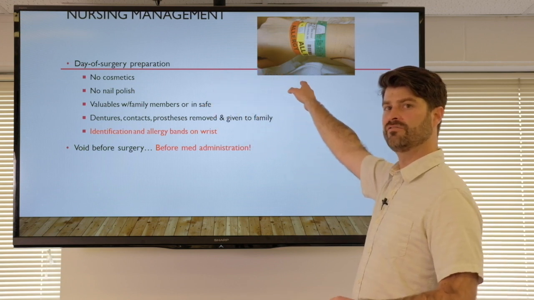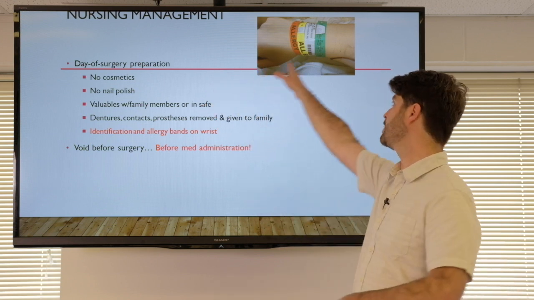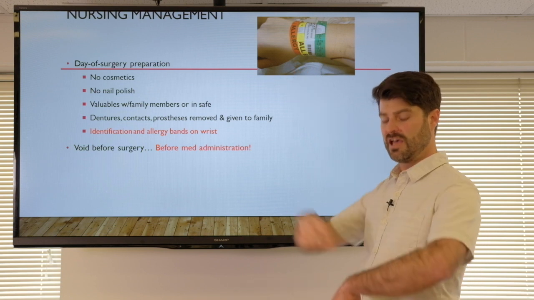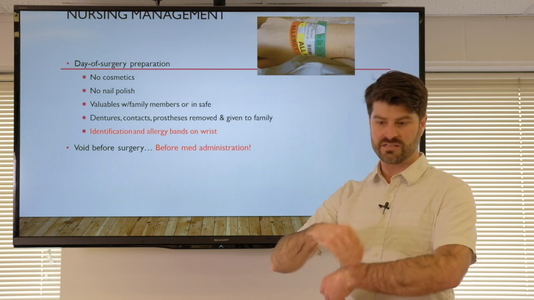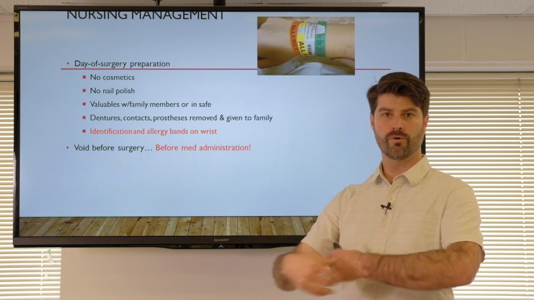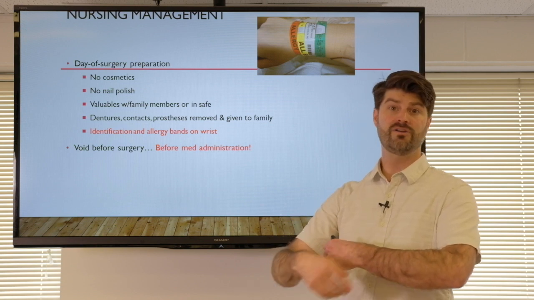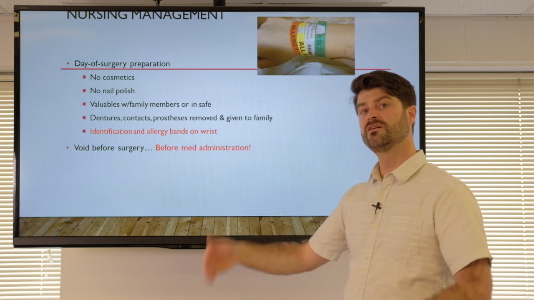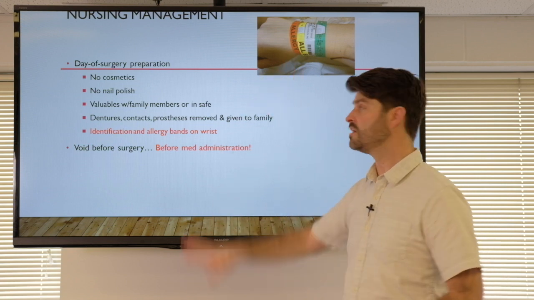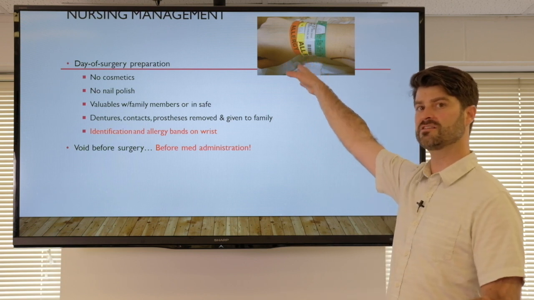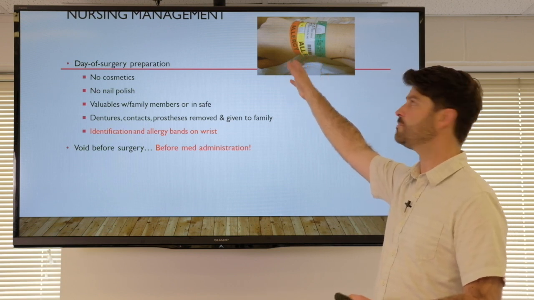The other flavor of this is that everybody will get an allergy band, and we'll write on it what their allergies are. So it might say something like penicillin or NKDA, no known drug allergies. So they'll get an allergy band that says they have no allergies, just so that information is readily accessible to the patient anytime they need it.